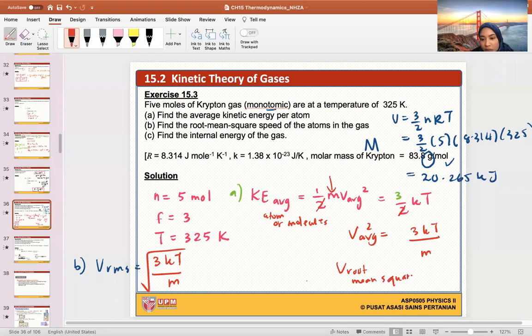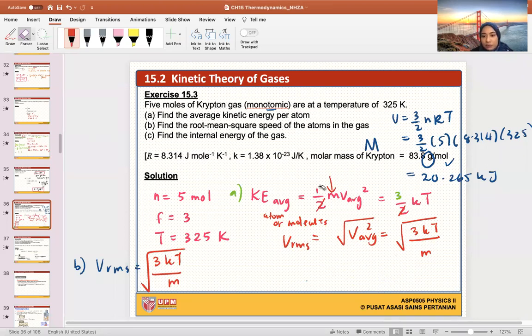We have the mean, we have the square, but we don't have the root. So I put in the root here, and remember, if I put it on one side, I have to have it on the other side. So V average squared, square root the whole thing becomes VRMS. This is your equation for the VRMS, the square root of 3kT over small m.